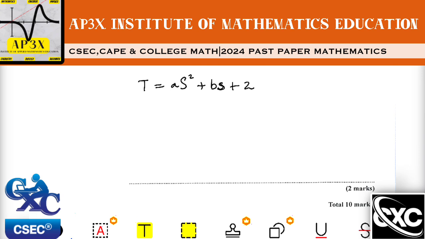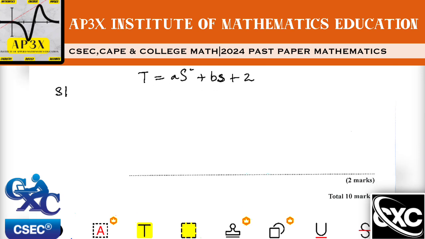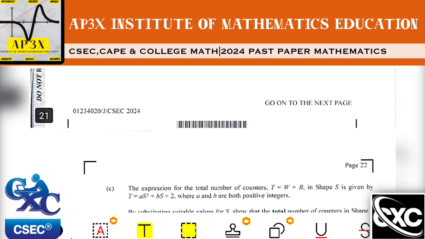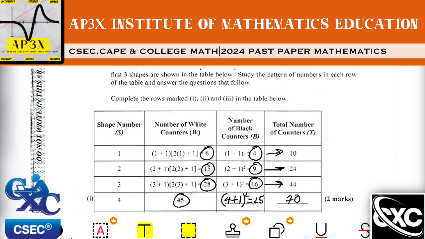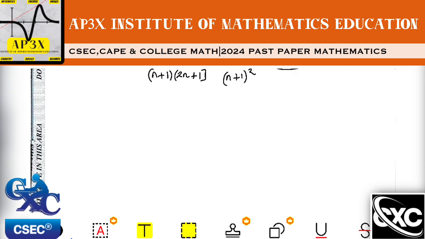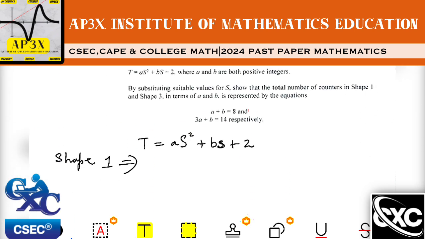Now, let us first just look at shape 1. So shape 1 then, using the formula, we know that the total number of counters in shape 1, if you go back on our table here, is 10. So we know that T in this case is 10.